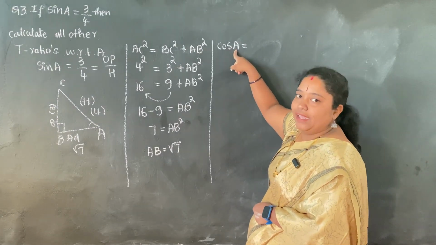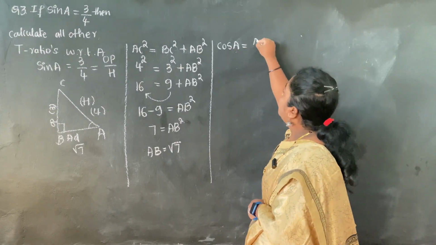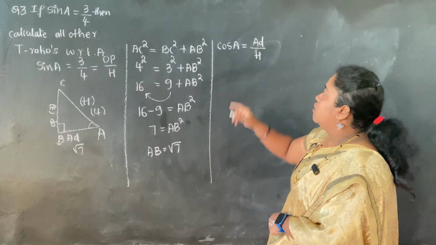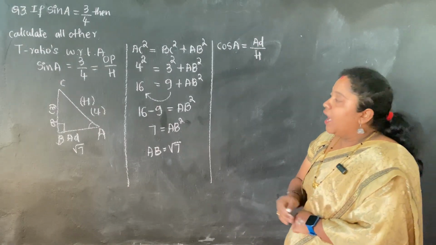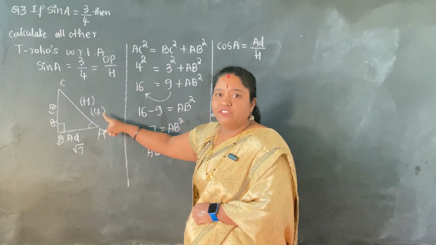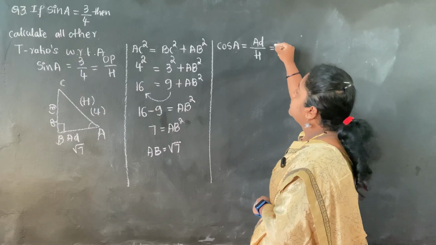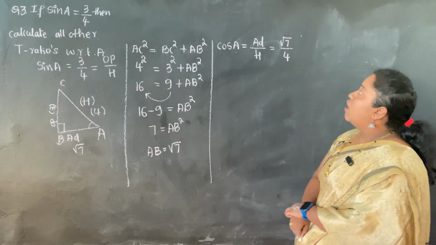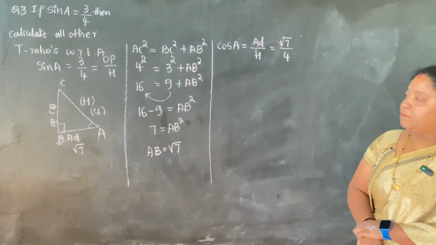Cos of any angle is the ratio of adjacent to hypotenuse. We know the formula. Cos is adjacent by hypotenuse, and by the diagram adjacent is root 7 and hypotenuse is 4. So cos value is root 7 by 4.